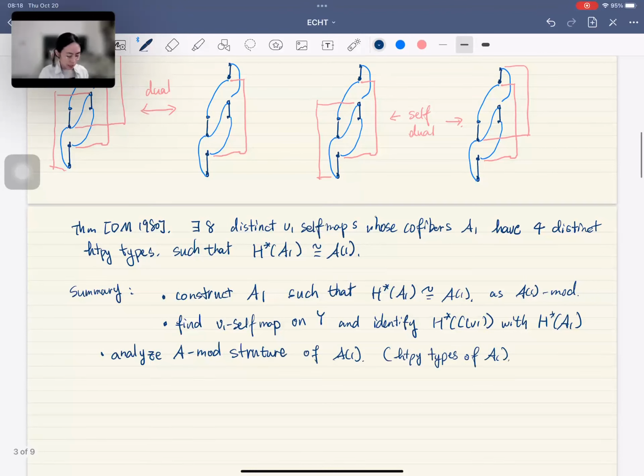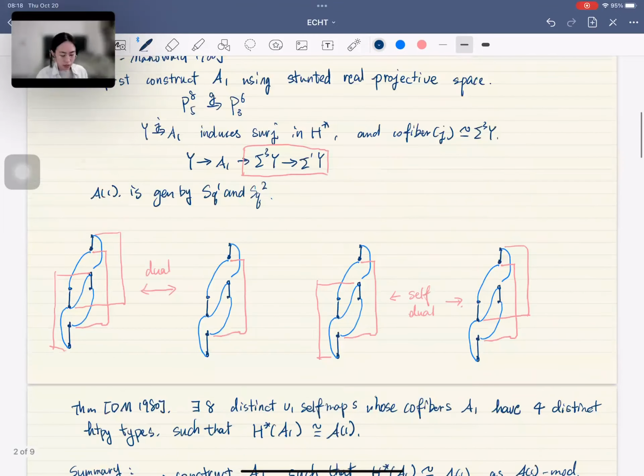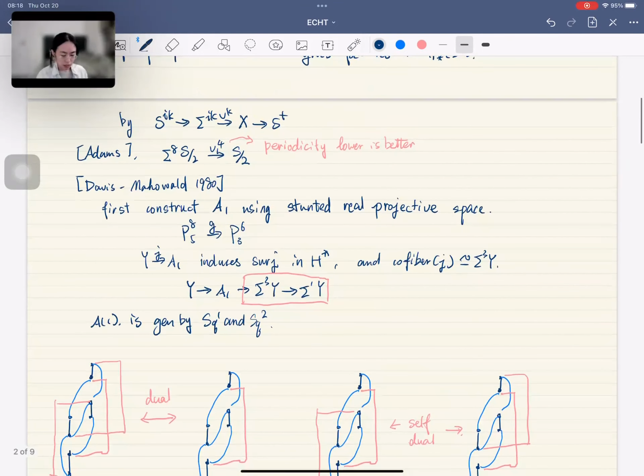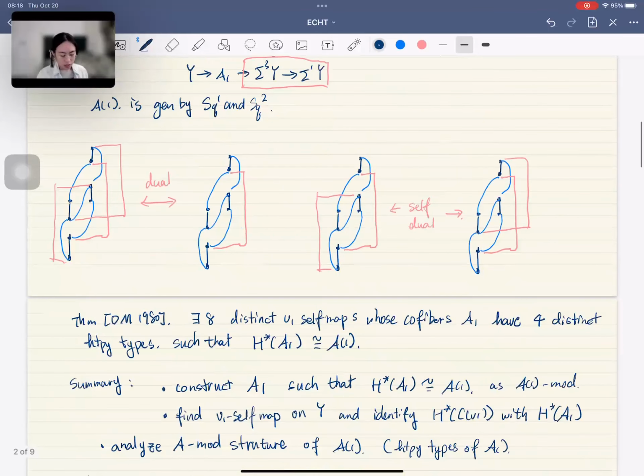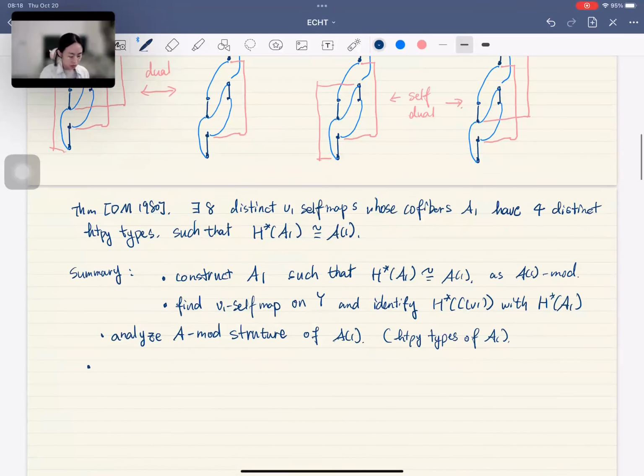And then they connect the story, this A module structure, with V1 self-maps. Namely, they did figure out all the 8 self-maps, and 2 of them match with one module structure. So they figure out the connection.